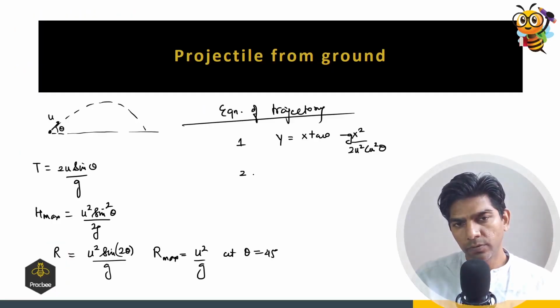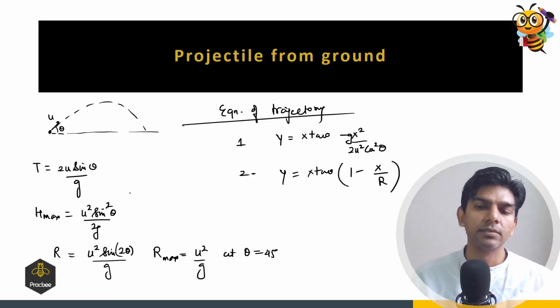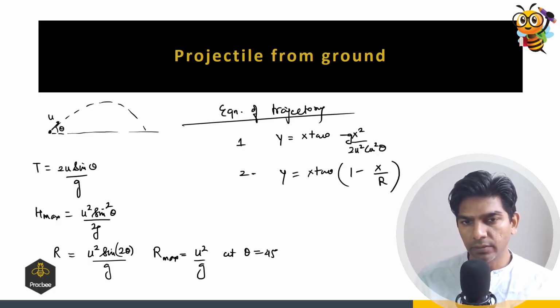And the second form will be y is equals to x tan theta times 1 minus x by R, where R is the range of the projectile.